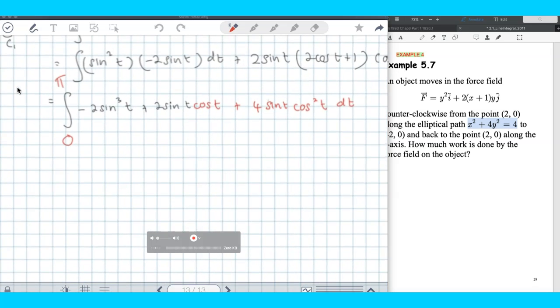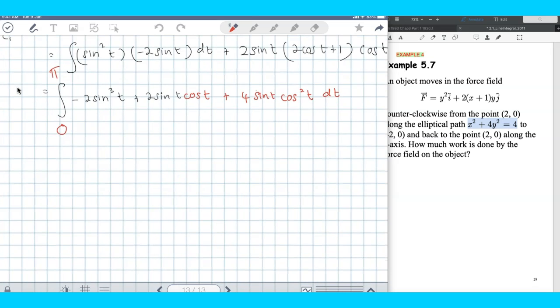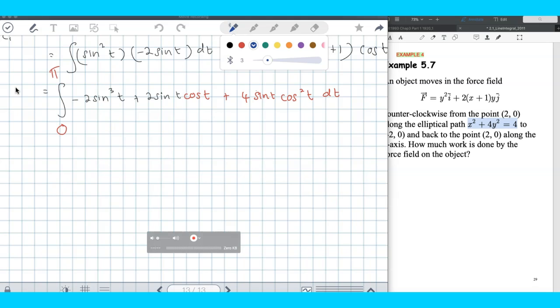Okay, I'm not going to solve this in detail, but I will give you some hints. For this one you have to use your identity. This one also identity, and this one we can use a substitution u equal to cos t, so that the sine t here can be cancelled out.